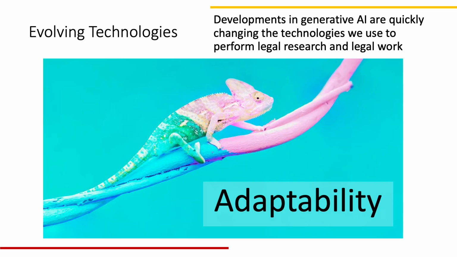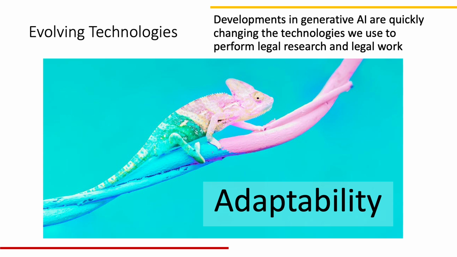The other thing we'll be looking at in Module 4 is evolving technologies. And this picture might look familiar if you think way back to our first module. I think I used this picture in the introduction to the course slide when talking about evolving technologies and the importance of adaptability.